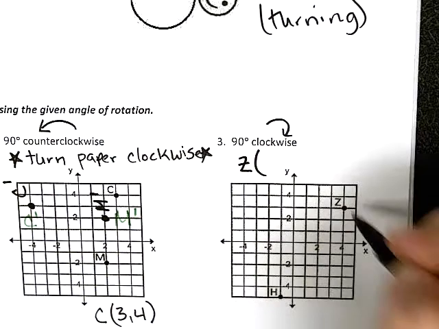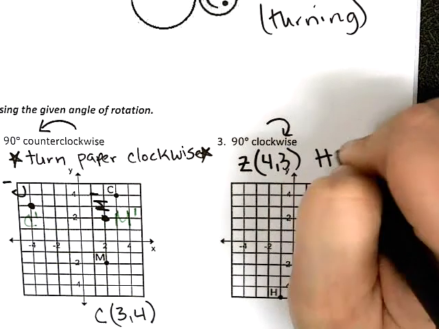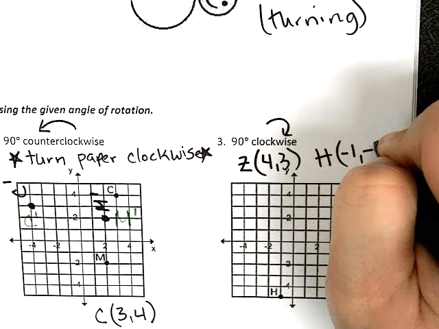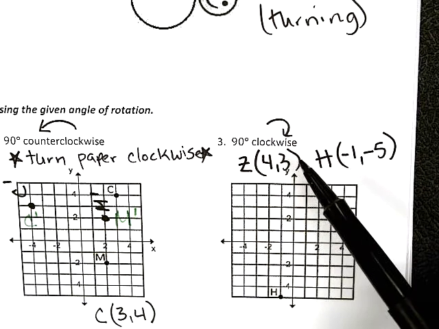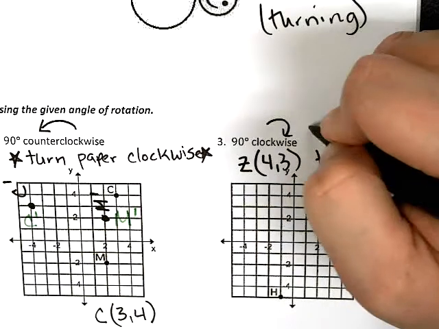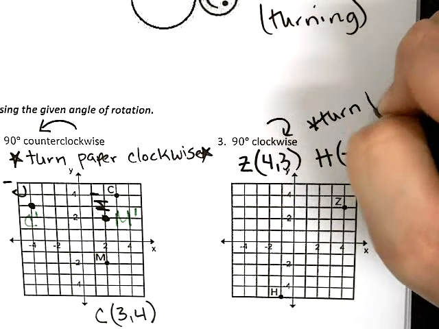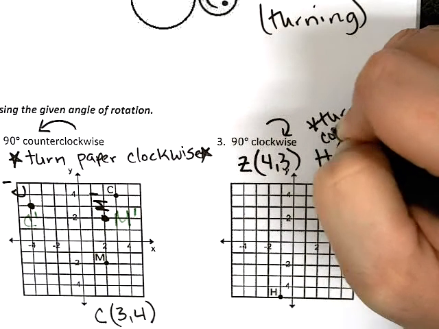So let's start by figuring out what those initial points are. Z is the point 4, 3. And H is the point -1, -5. All right, if I want my points to go clockwise, I need to turn my paper counterclockwise. So turn your paper counterclockwise.